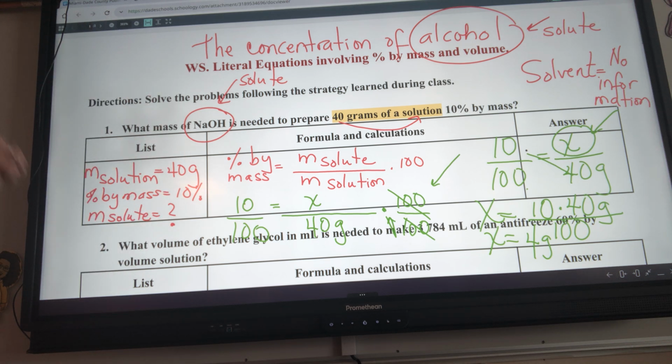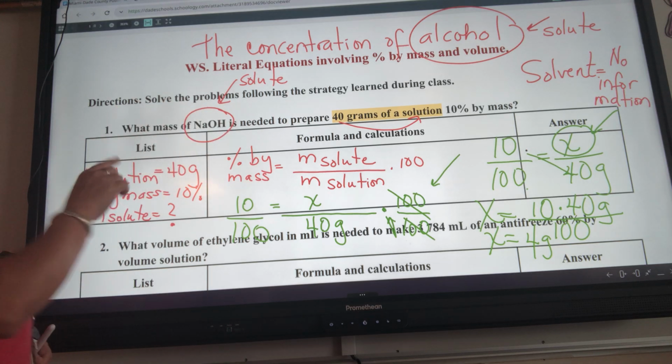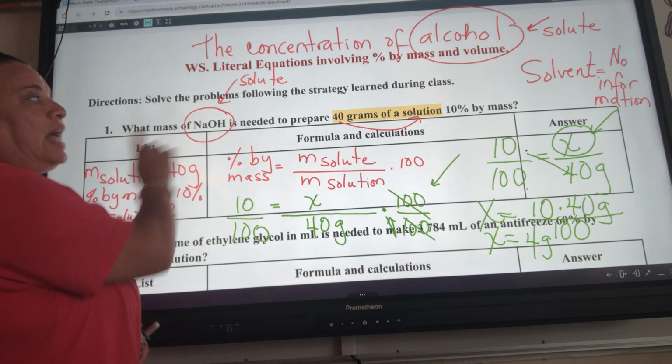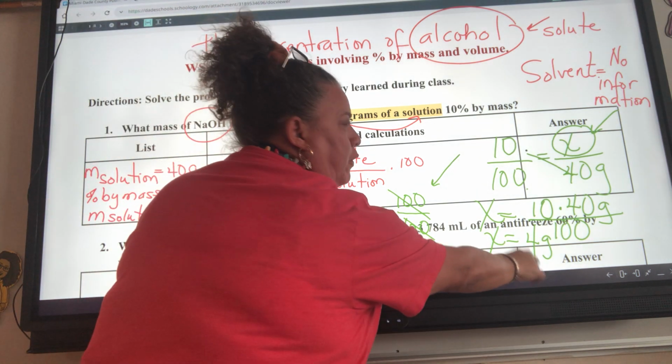The mass of NaOH needed is 4 grams. Write that down because I don't have a space here. The mass of sodium hydroxide, you can write the formula if you want to. The mass of sodium hydroxide needed is 4 grams.